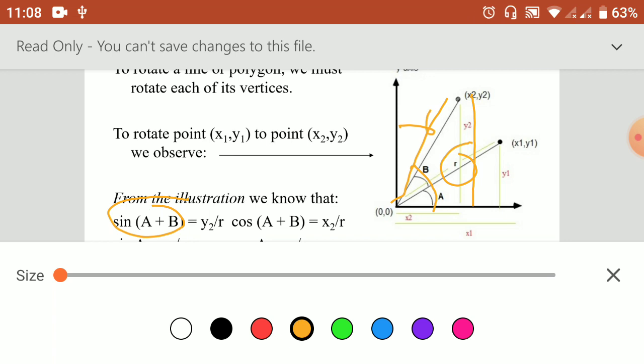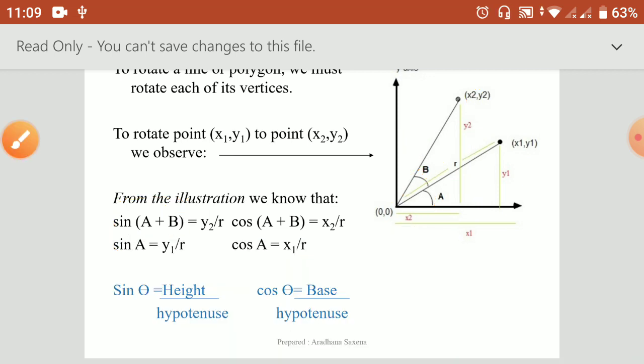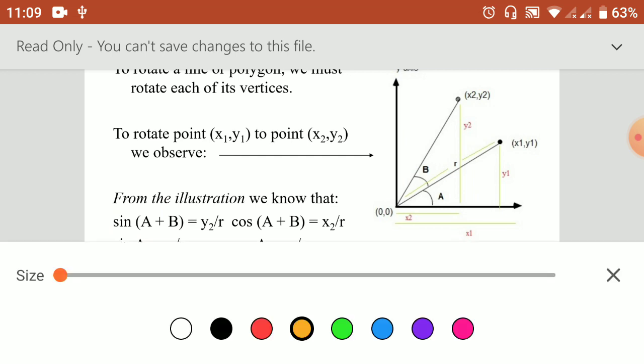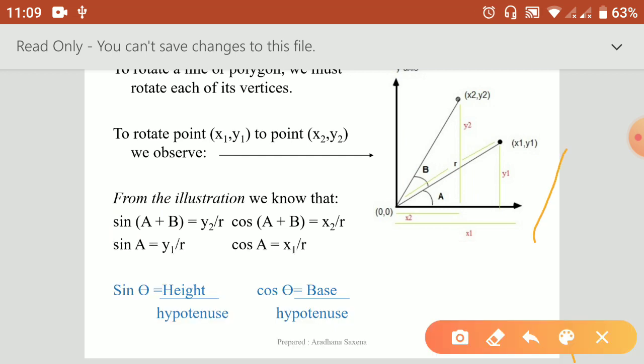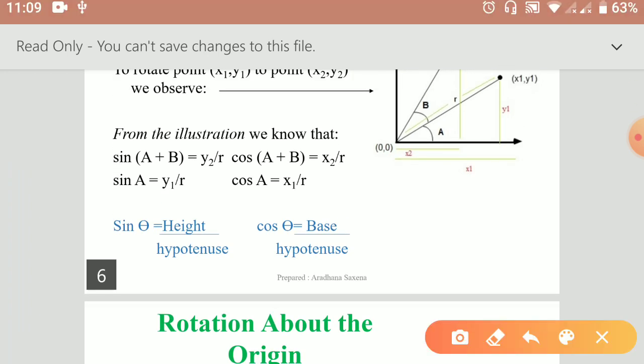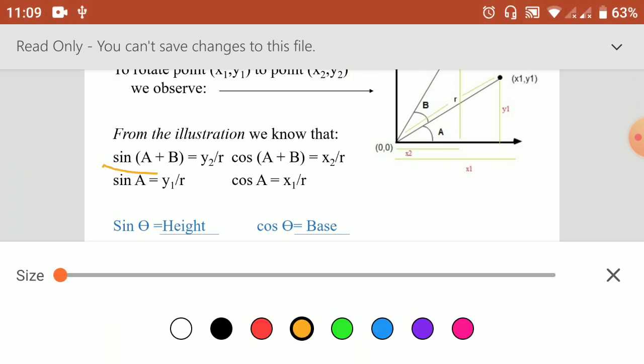And cos A plus B equals base upon hypotenuse, and the base of this x2 y2 is x2, so x2 upon r. So these are the values we have calculated through the diagram: sin A plus B, cos A plus B, sin A and cos A.